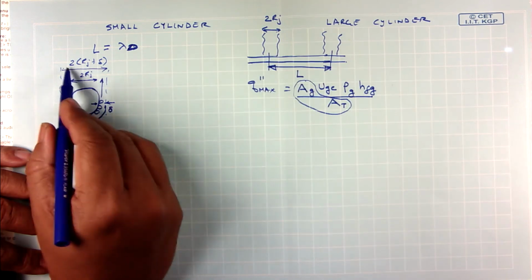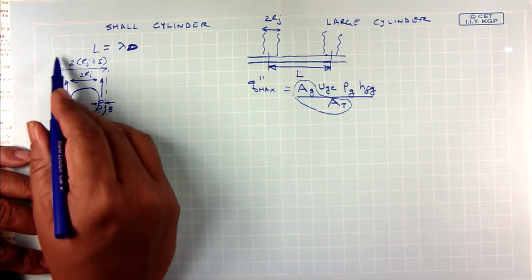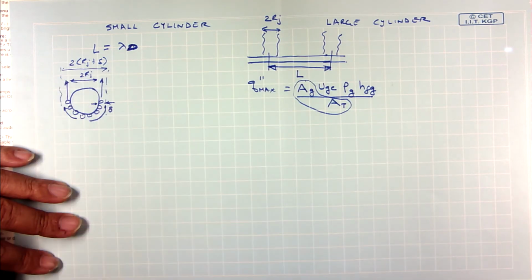That would be the diameter of the vapor column that is rising from the heater, isn't it.